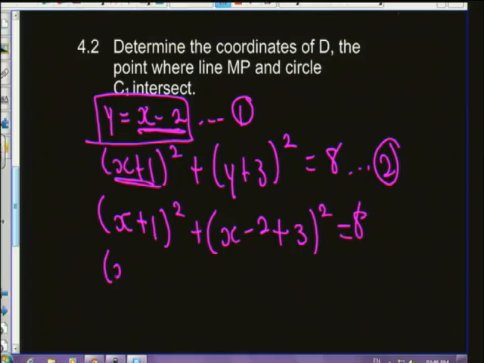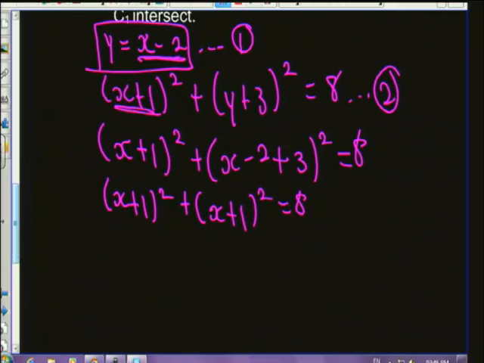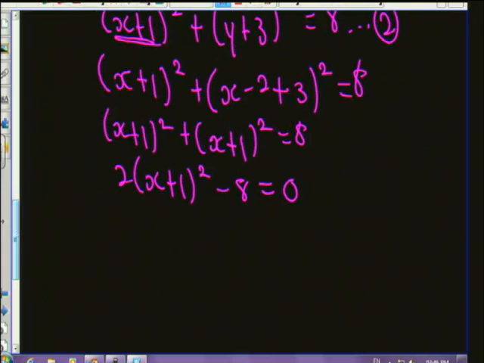So let's simplify that. (x + 1)² plus, adding like terms, (x + 1)² is equal to 8. These two look like each other, so I can say that is 2(x + 1)² - 8 = 0. It's a quadratic equation, so I need to make it equal to 0 and then factorize.